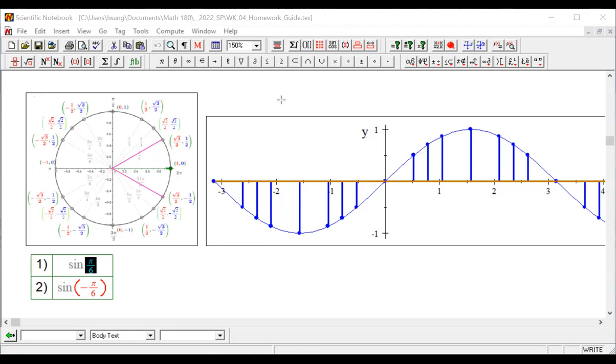And then you have this arc length. I wish you to make that connection. This is an arc length, and this is another arc length. These arc lengths are pi over 6 and negative pi over 6.